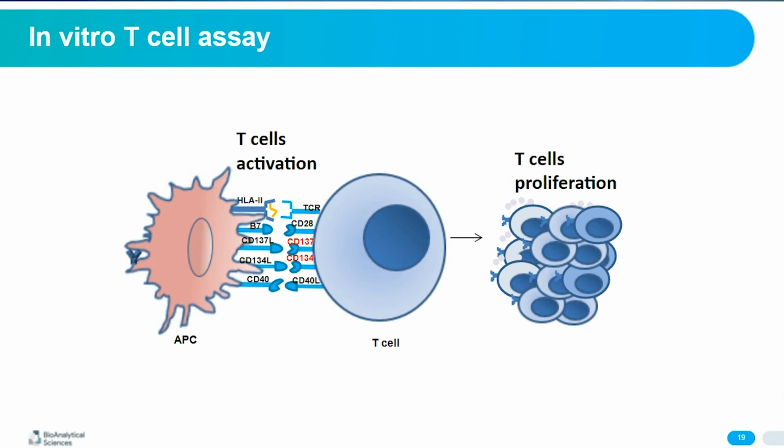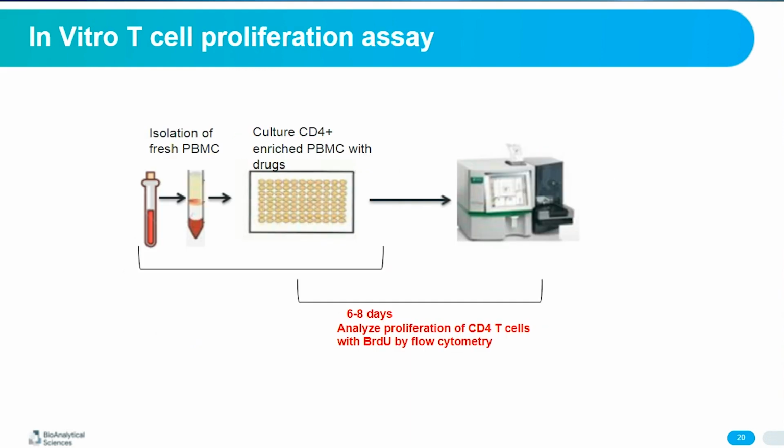Those are done by evaluating T-cell activation, cytokine secretion, or T-cell proliferation. One of the most common outputs to evaluate T-cell response due to biotherapeutic in vitro, and estimate by this the immunogenicity risk of the biotherapeutic, is looking at T-cell proliferation assay.